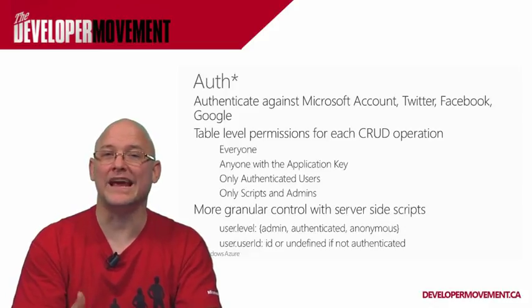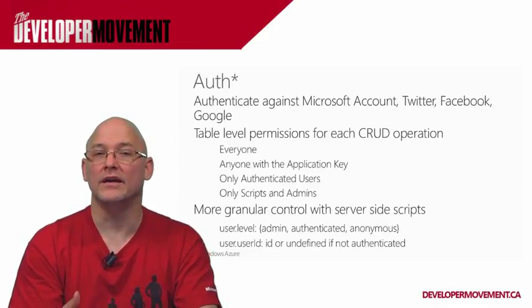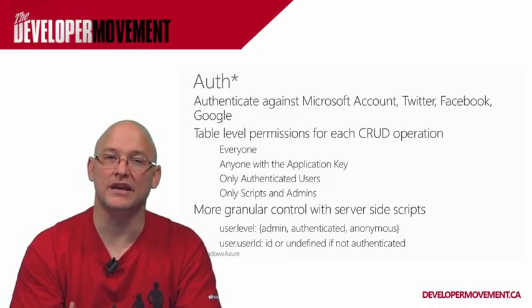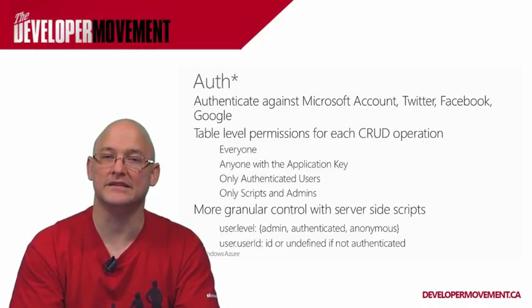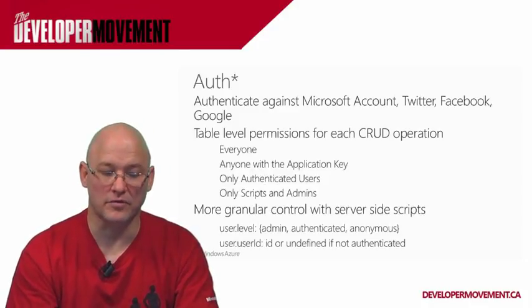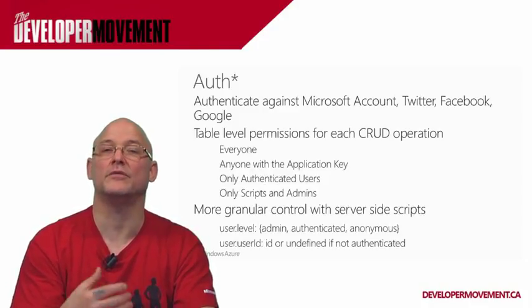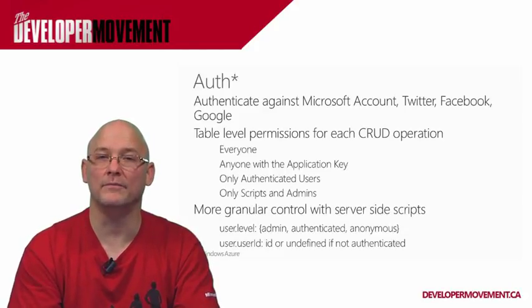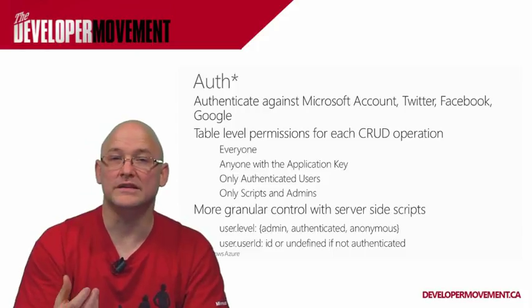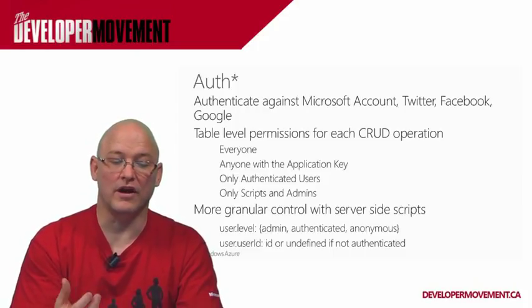The most common one is anybody with the application key. That way, basically anybody who's sending in a request that includes the application key for which this service is assigned to or is attached to can then perform that particular request or functionality. Now, one of the other ones that's utilized is only authenticated users.